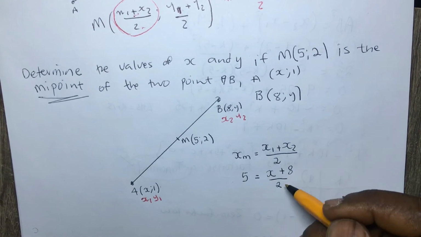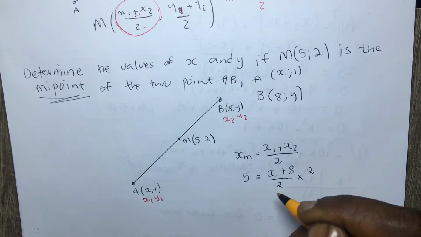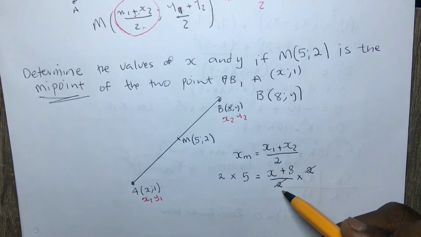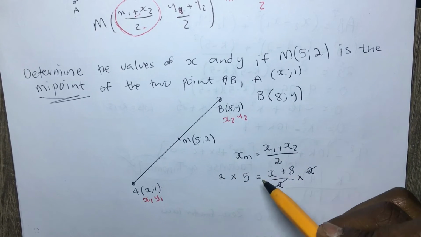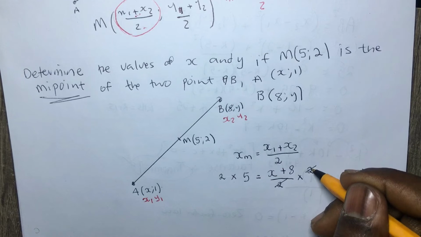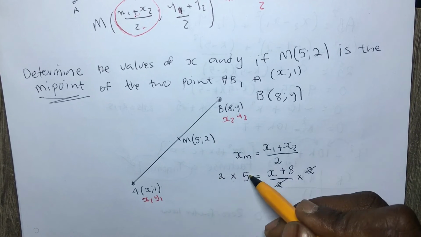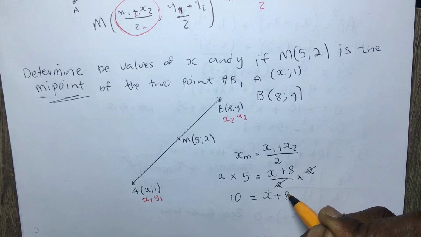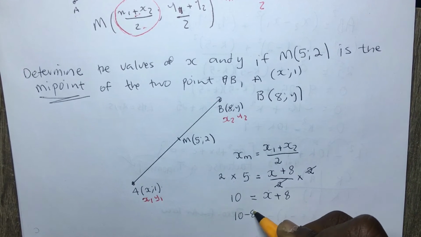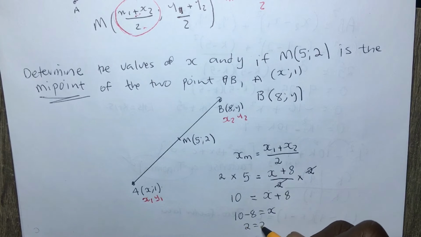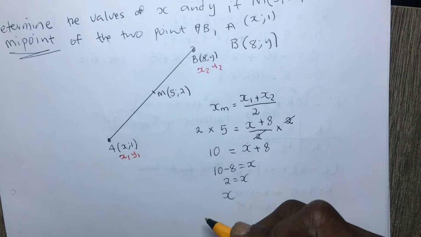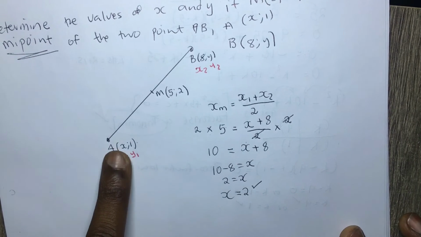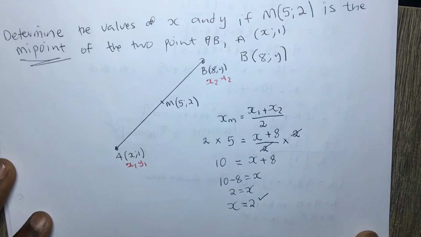To get rid of a fraction, we always multiply by the denominator on both sides. This will cancel out on this side, and on the other side it will multiply. So this is 10 equals x plus 8. Take 8 to the other side, it's going to be 10 minus 8. x is 2, which we can write as x = 2. You all see it? So we were able to calculate this point right there.